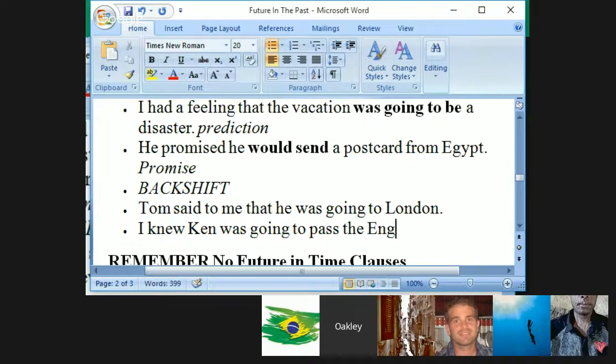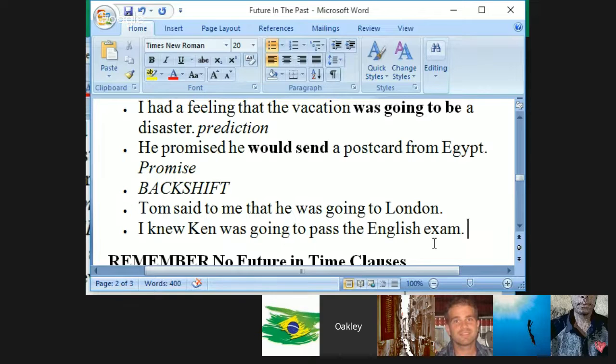And the difference here is that Ken planned on passing the English exam. I guess you can plan on passing an exam. I guess that's possible. All right. I knew Ken was going to pass the English exam. That's pretty straightforward.